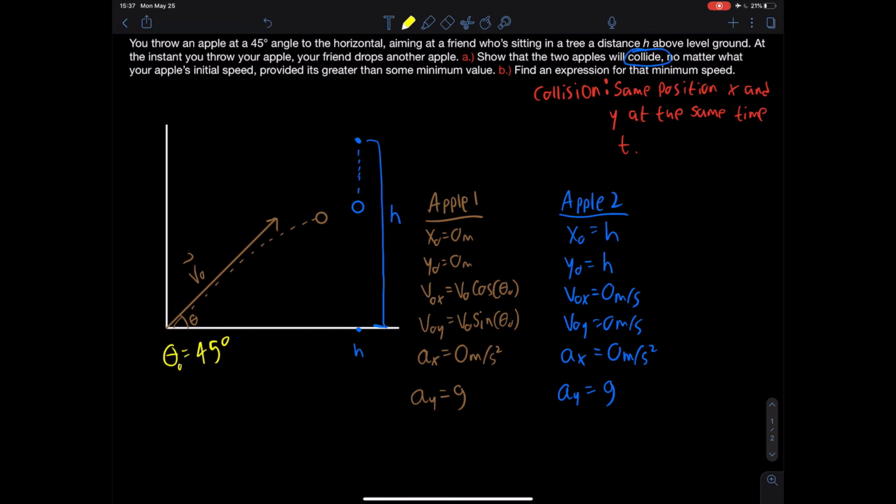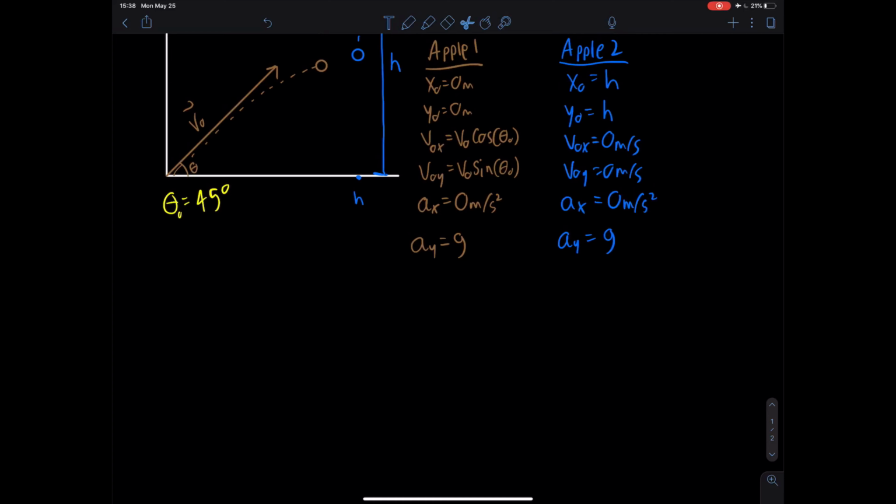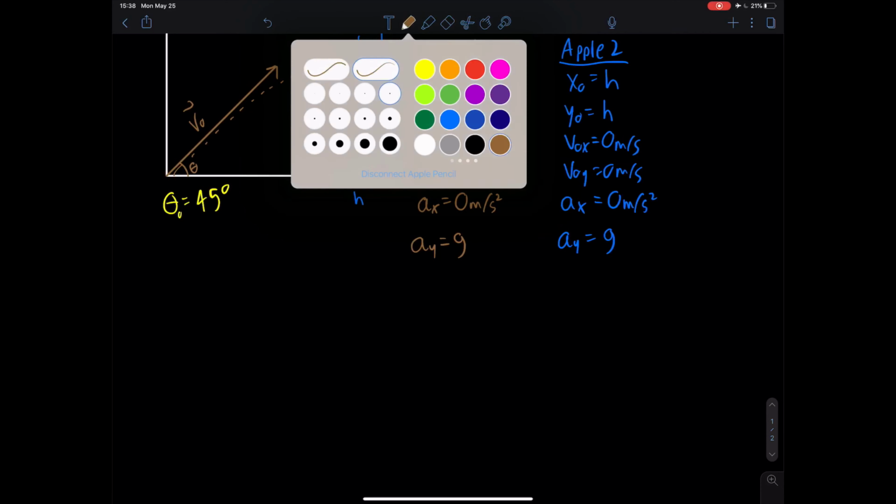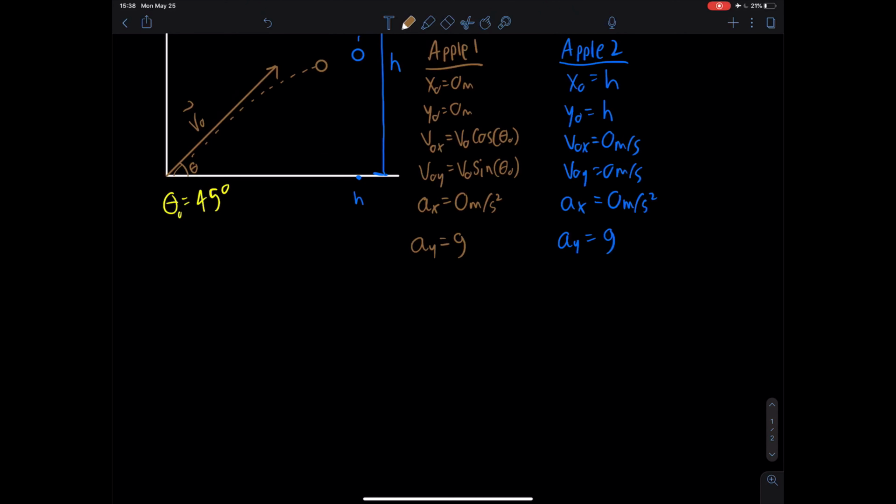We said that we want to know the time when the first apple reaches the horizontal position of the second apple. So let's look at the position in the horizontal for apple 1. Well, our kinematic for that is our final position equals our initial position plus initial velocity in the x times t plus the acceleration in the x times t squared over 2. But we can make some cancellations.